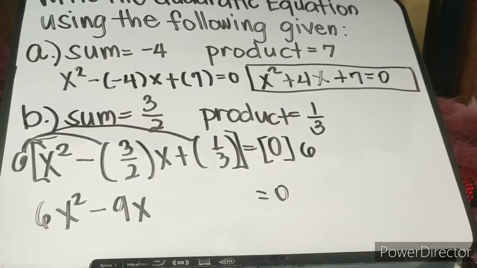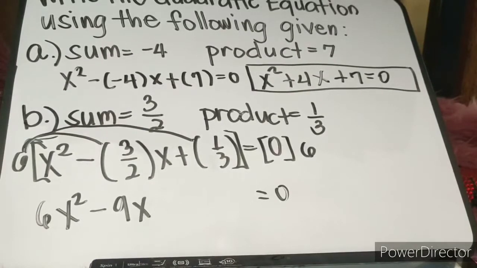Kaya lang, para sa akin, mas maganda na yung pinababa muna natin, which is we divide first bago nating i-multiply, bago natin pinalaki. Kesa yung malaki siya, kasi we multiply, we expand the number, and then saka natin hahatiin.